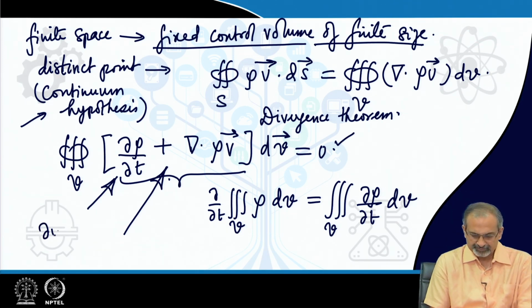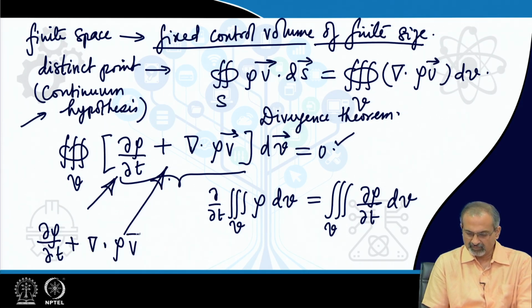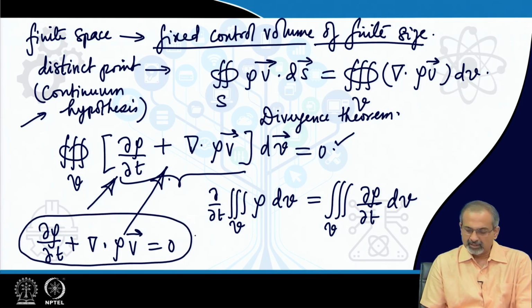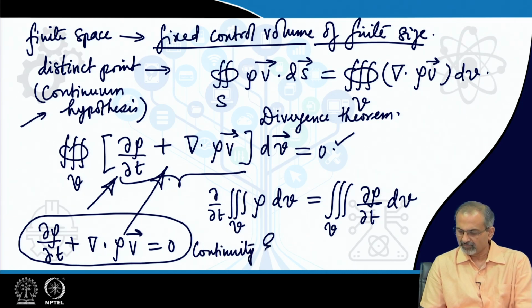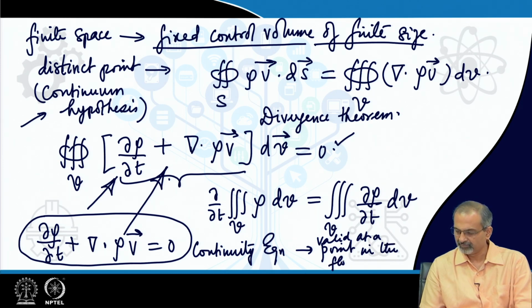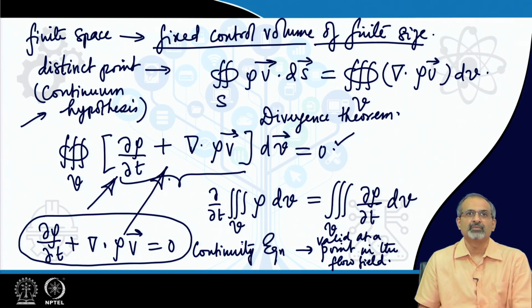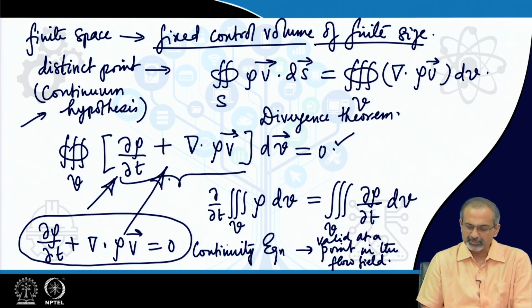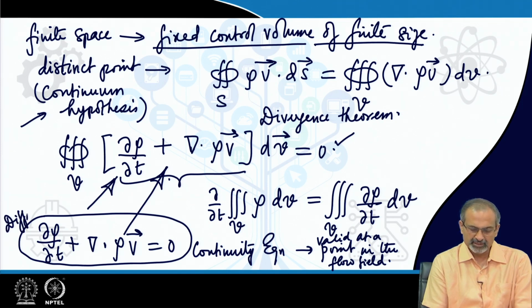If that is the case, then you can write this expression, and this is essentially the continuity equation valid at a point in the flow field. Notice that it is a differential equation. So, from an integral equation we have been able to come to a differential equation.